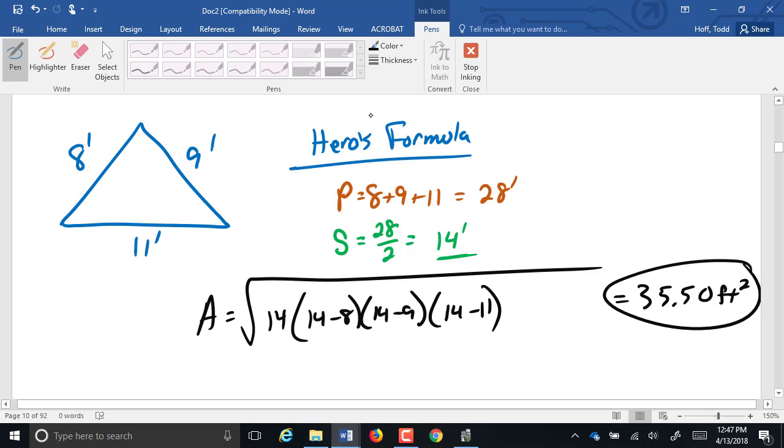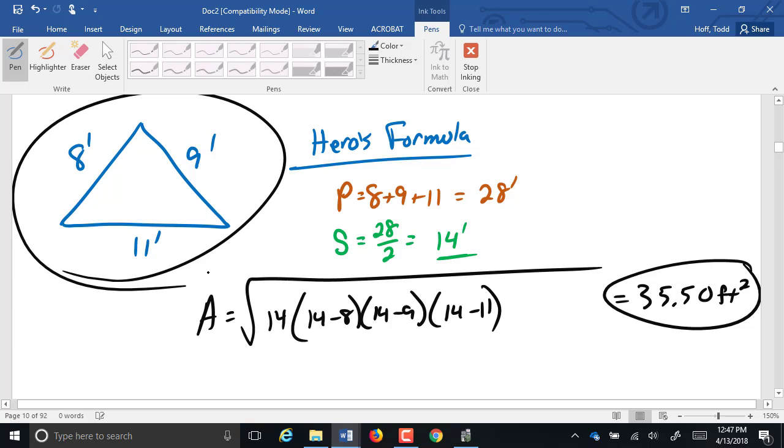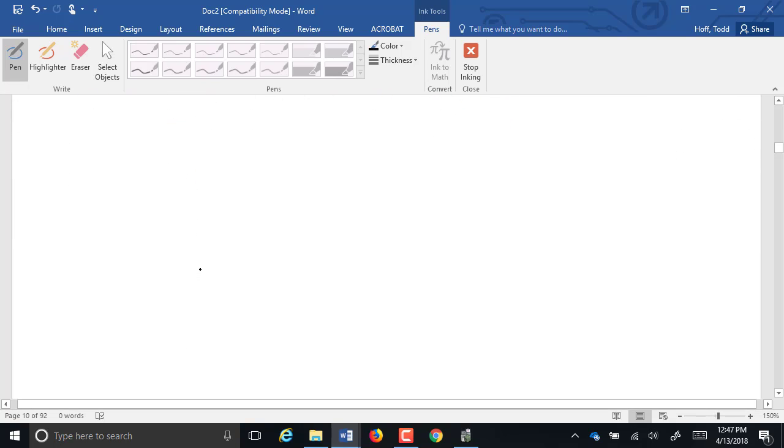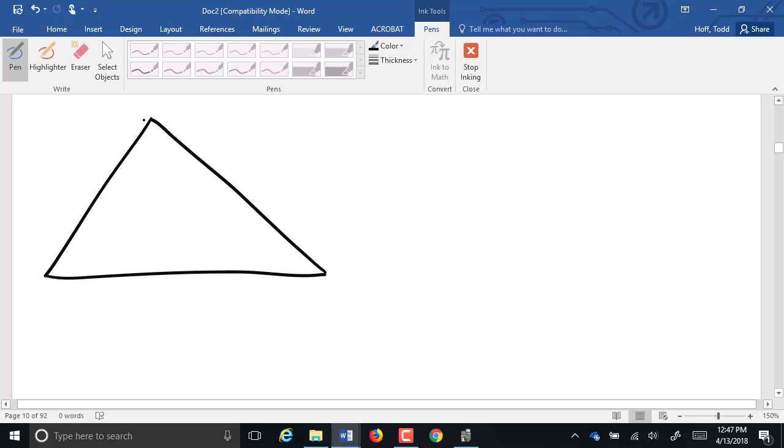Well, today we get to move past that into trig. Now we're going to come back to this particular example. There is still a way we can do that one with our trig stuff and not have to use Hero's formula. Hero's formula might be still easier for that. Let's take a look if we have a triangle like this.